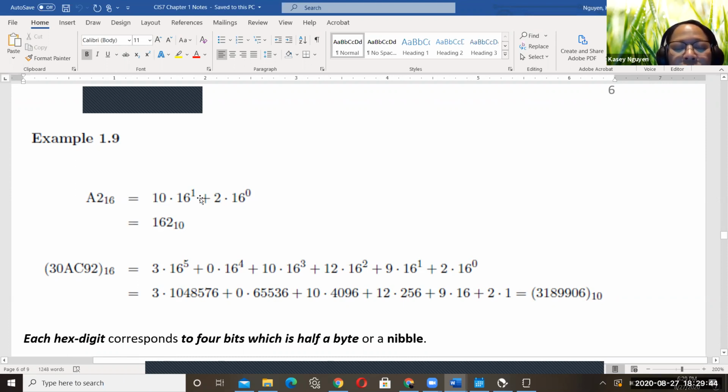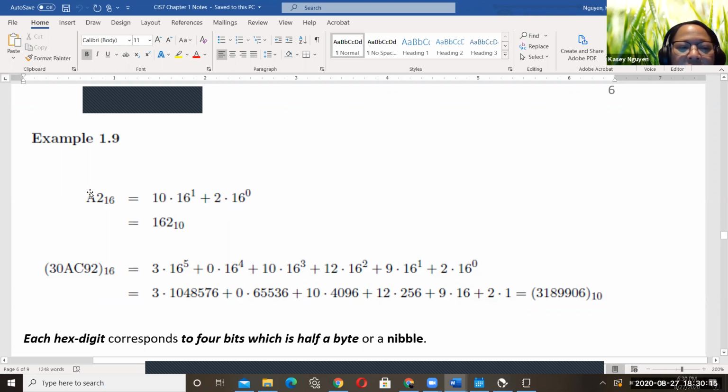So what you do is you start with the right digit and multiply it by 16 to the 0 power, because it's the least significant value, the one furthest to the right. Then you add the next digit, which is A, 10 times 16 to the first.